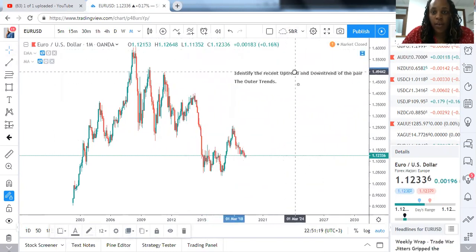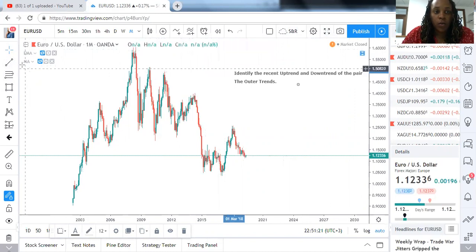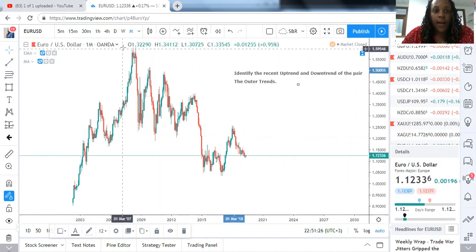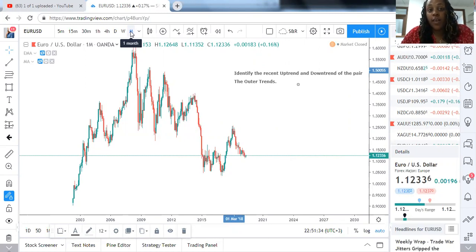So by this, what do I mean? Now, the monthly is obviously the Godfather chart, right? And from the monthly, you go down to the weekly, daily, 4-hour, 1-hour, and so on, depending on what type of trader you are. Obviously, if you're a position trader, then you'll be looking at things like, from the daily up, so daily, weekly, monthly.